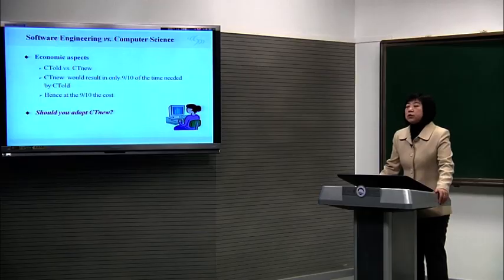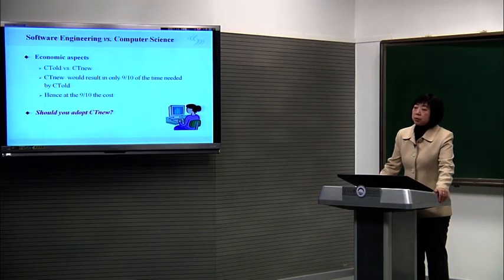If you don't adopt the new coding technique, maybe just a few months later it will become very popular, and your software organization cannot keep up with the development of software technology. Your software teams, your organization, will fall behind. That will be another big issue for the software organization.